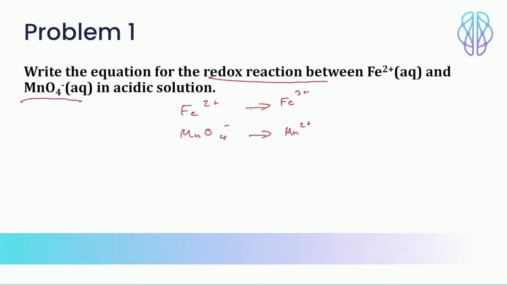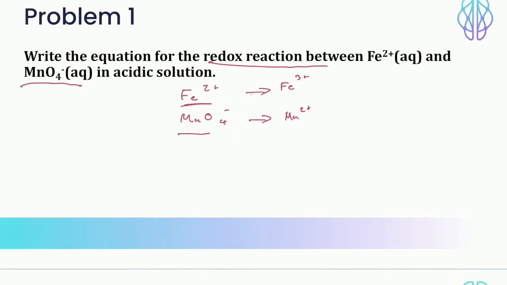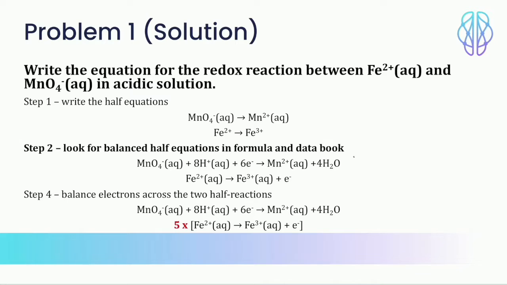Now, I'm not going to expect you to know this, and this isn't typically expected for you to know whether or not it's an oxidization or reduction reaction, because what I recommend is to look in your formula and data book and look for iron as well as for your MnO4. And what you'll find is these two formulas here.